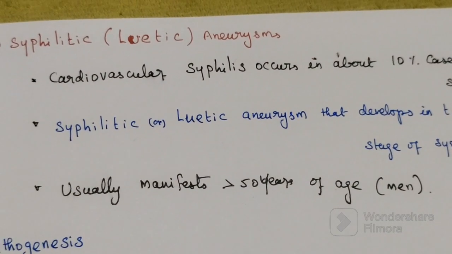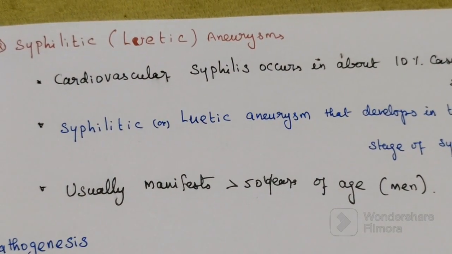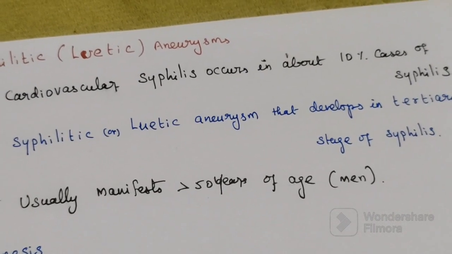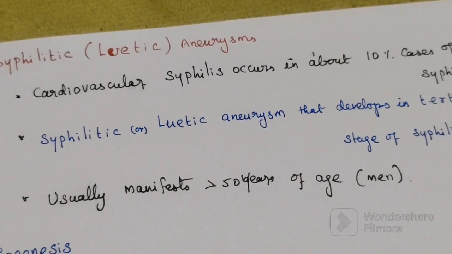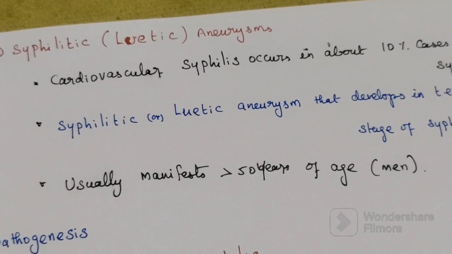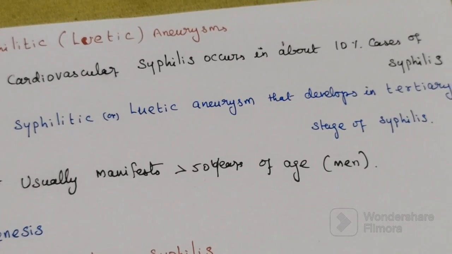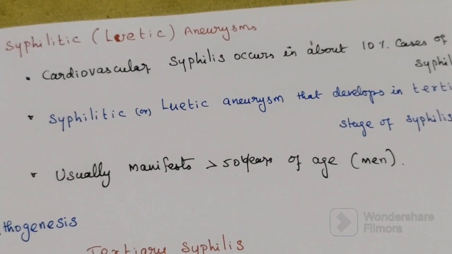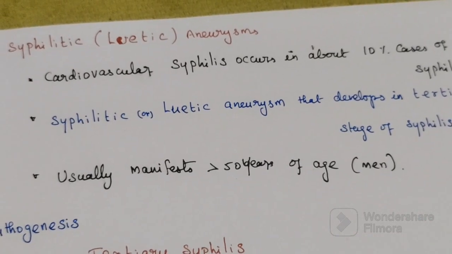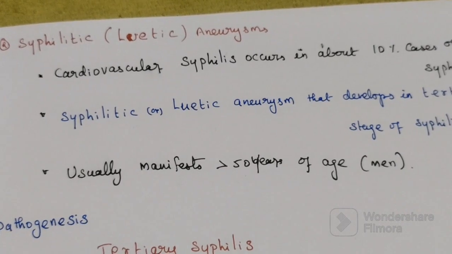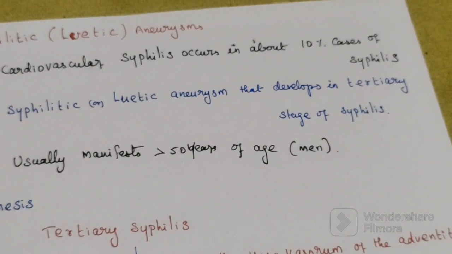Next, syphilitic aneurysm. It occurs in only 10% of cases. In tertiary stage it is happening. It is common in male after 50 years old. What is the site? It is ascending near the aortic ring, causing aortic incompetence.